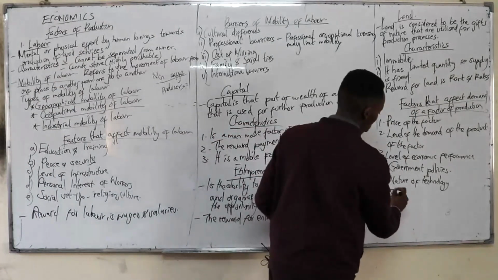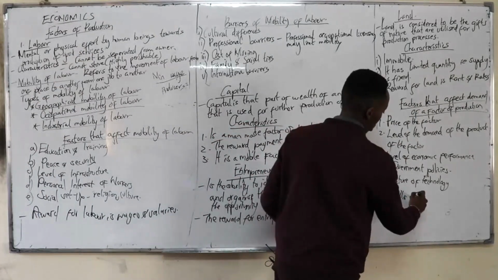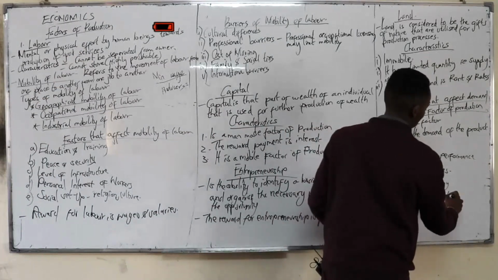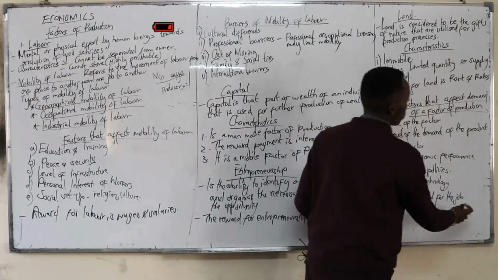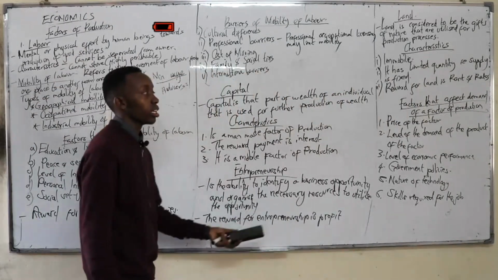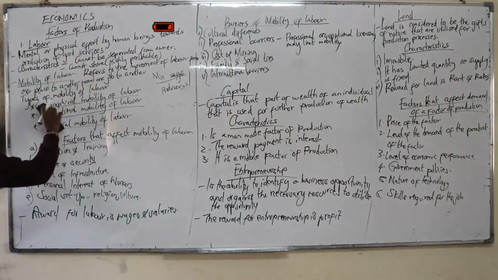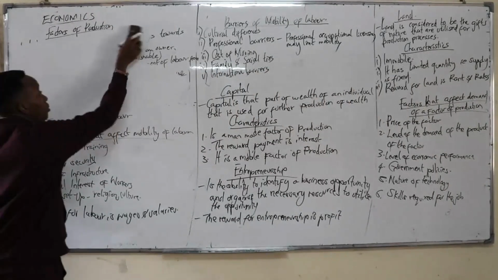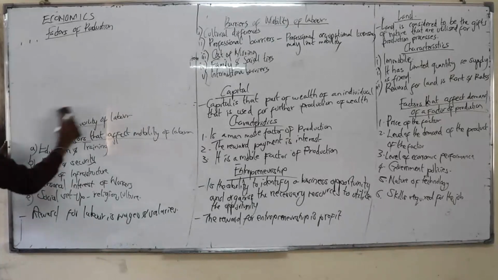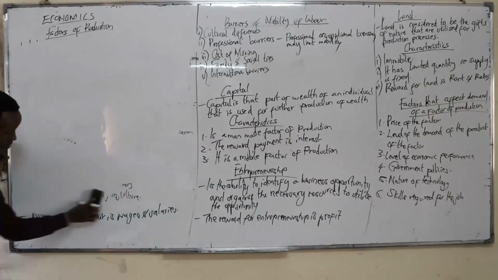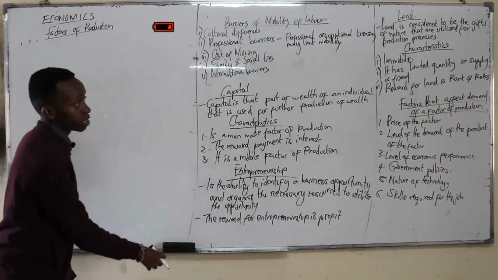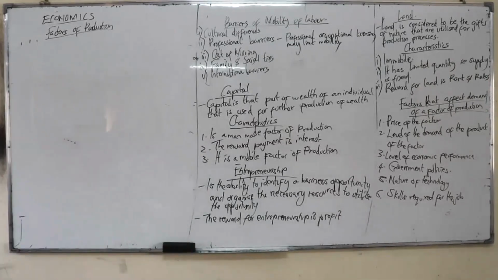So also the skills required for the job. By this we mean the higher the skills or the more qualified you are, the more demand you will have in terms of being taken up by these entities. So these are some of the factors that affect factors of production.